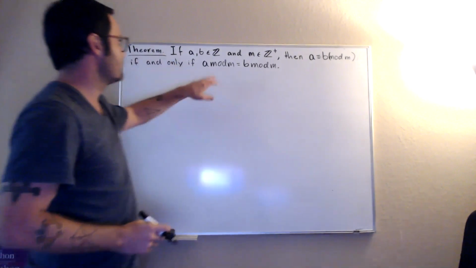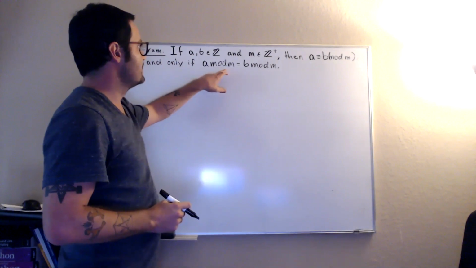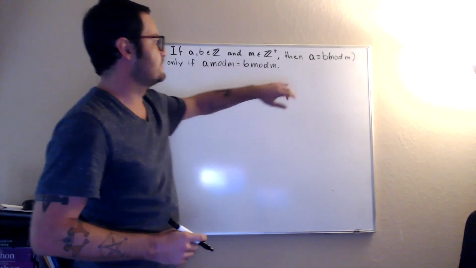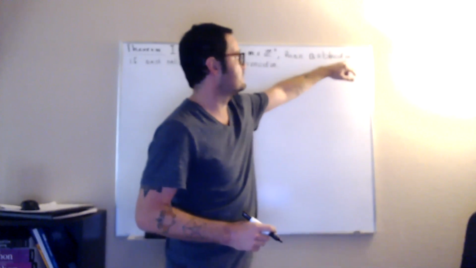So this is saying that the remainder when A is divided by M is equal to the remainder when B is divided by M. They are equal if and only if A minus B is divisible by M.